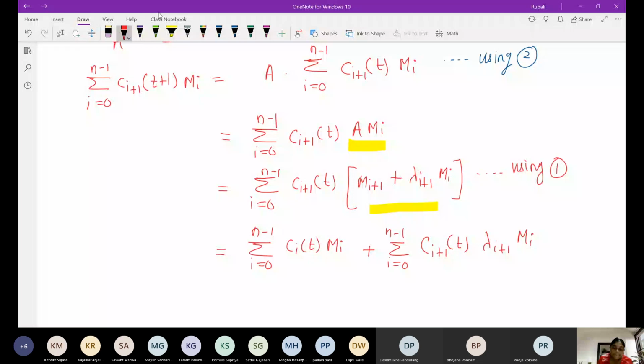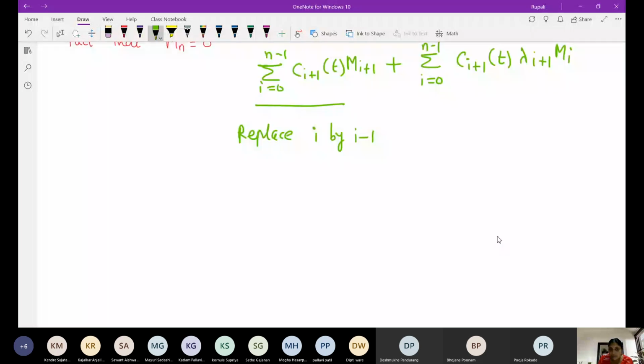Are you getting this? I am replacing i by i minus 1. So if i starts from 0, i minus 1 will start from, say j. So where will j start from?